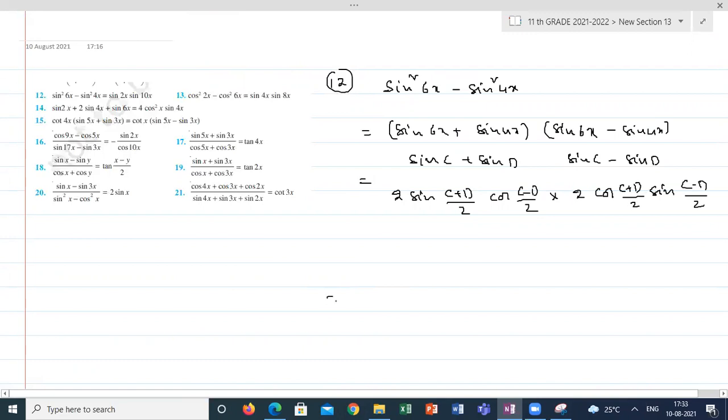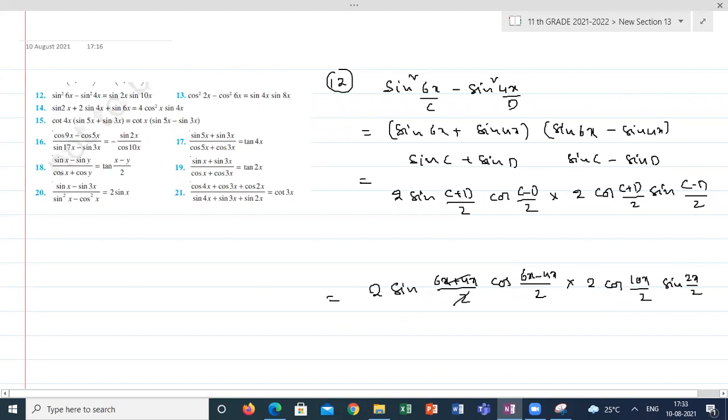Now, if I am applying this formula, this is c, this is d. What will you get? 2 sine of 6x plus 4x by 2, cos of 6x minus 4x by 2, into 2 cos of 6x plus 4x by 2, that is 10x by 2, sine of 6x minus 4x by 2, that is 2x by 2.